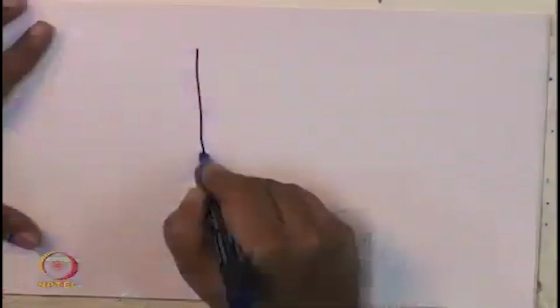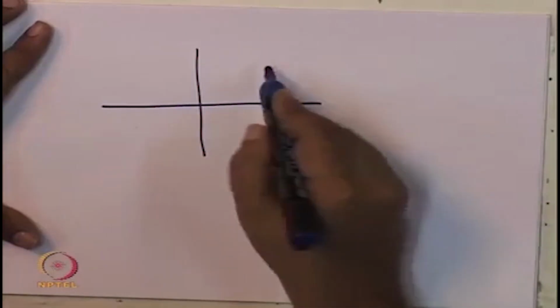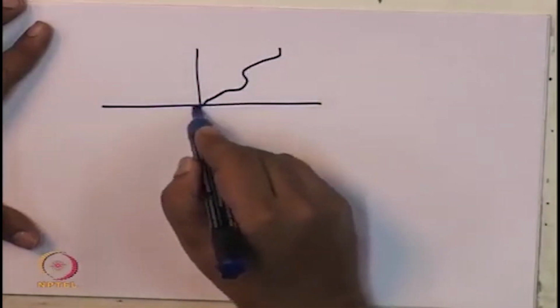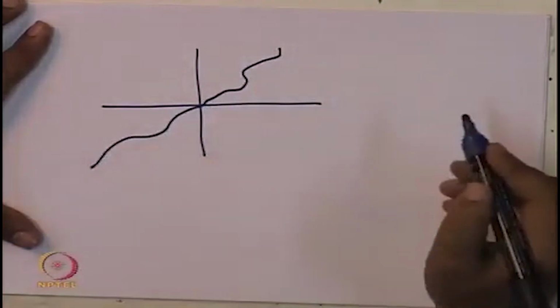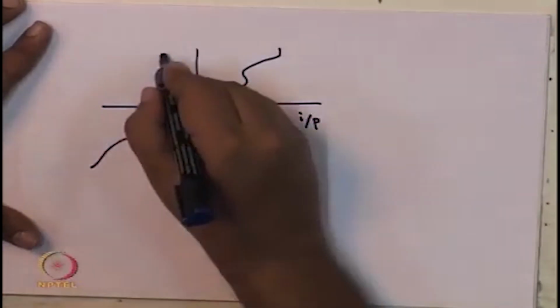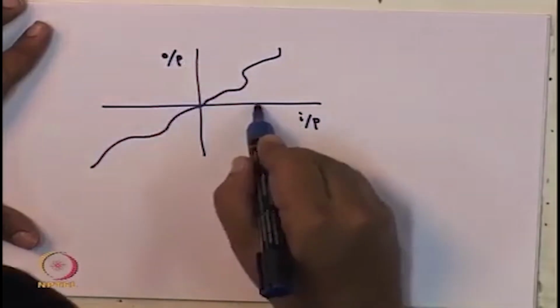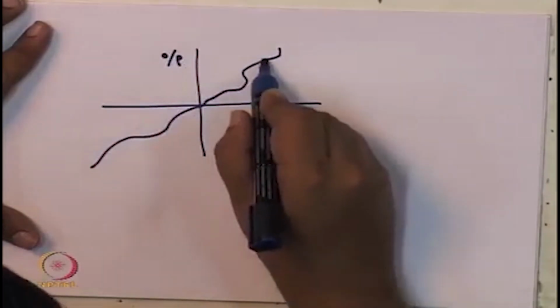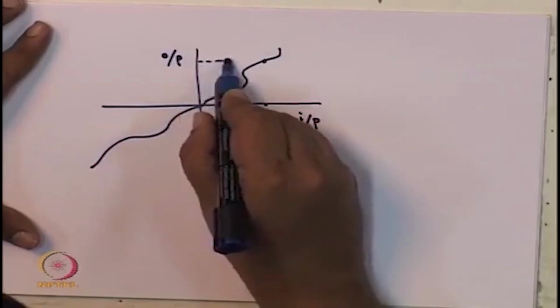Typically, a nonlinearity which is memoryless might look something like that. This here is the input to the nonlinearity and this is the output of the nonlinearity. When you have this as the input, the output is this value here.